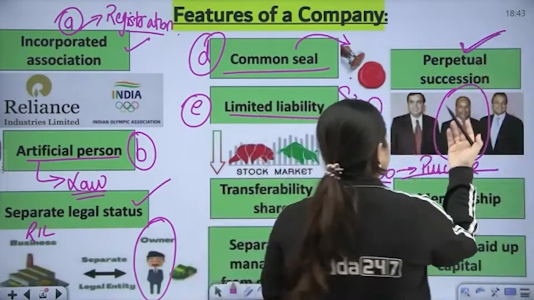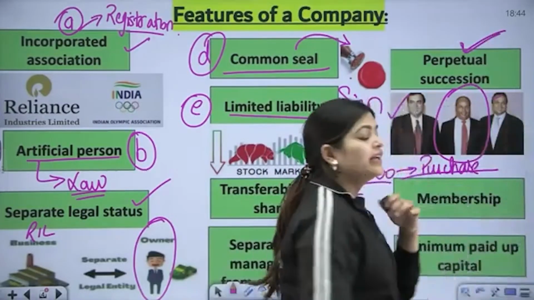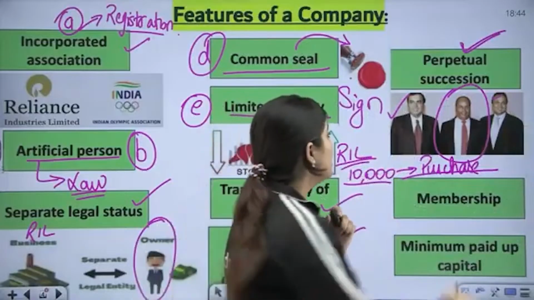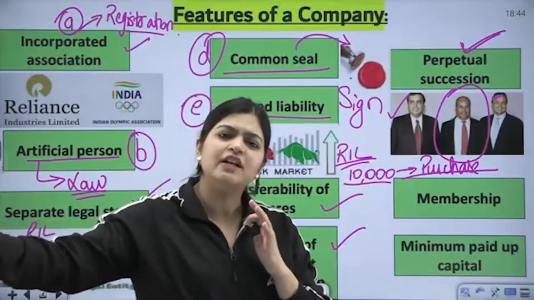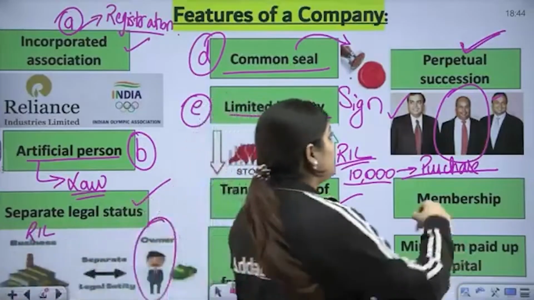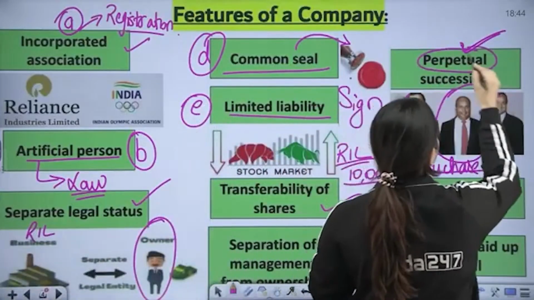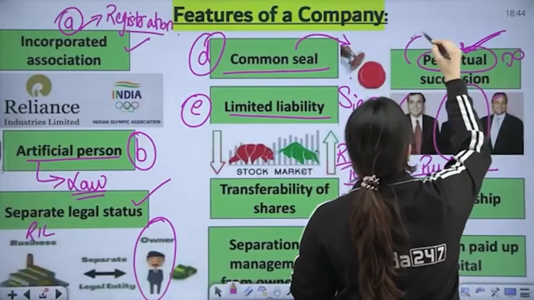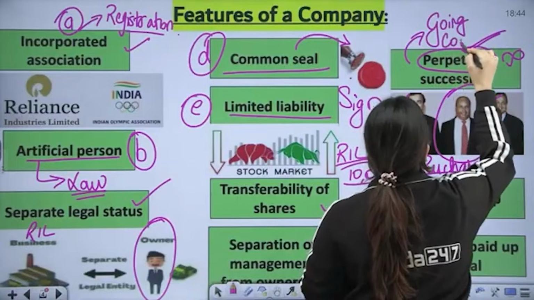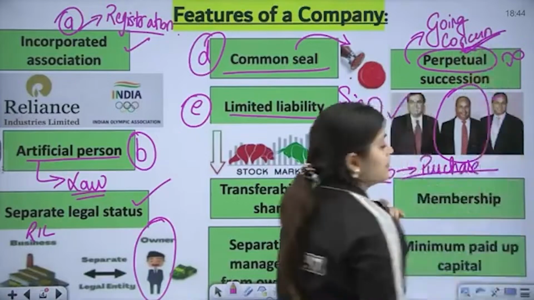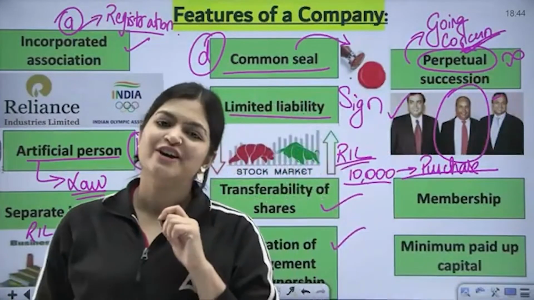His children are carrying that business. Yes, after them, their grandsons. The company will continue to run. So, perpetual succession. Perpetual means infinity. It means you are going to use the going concern concept. That is again one of the features.